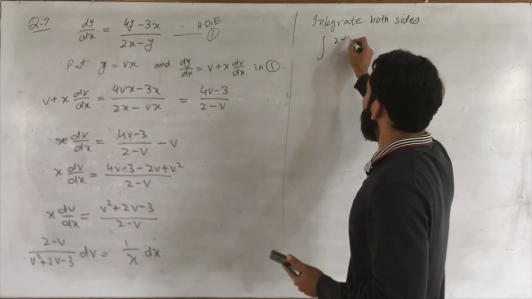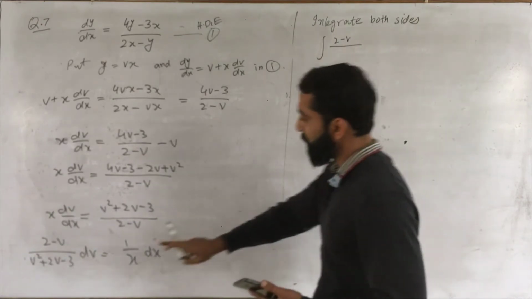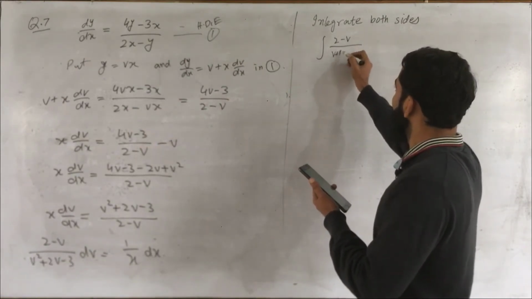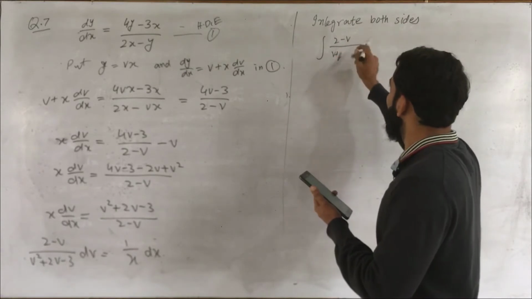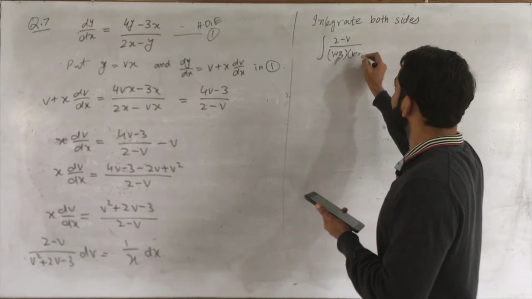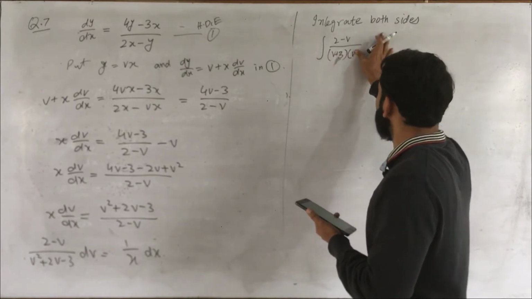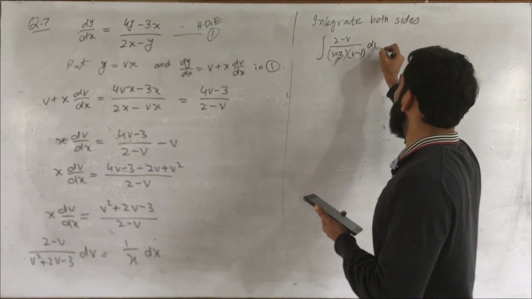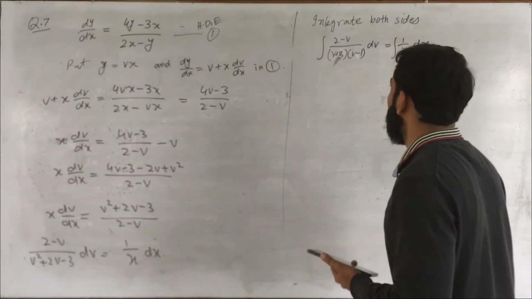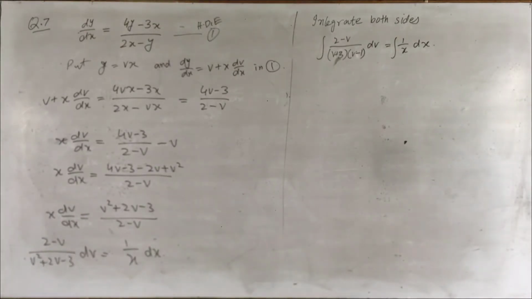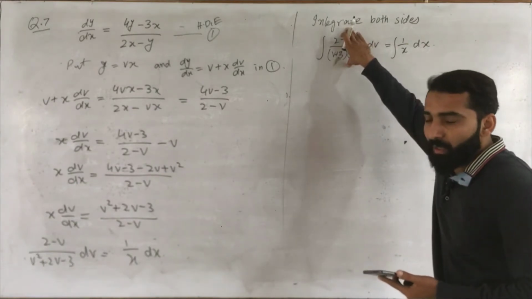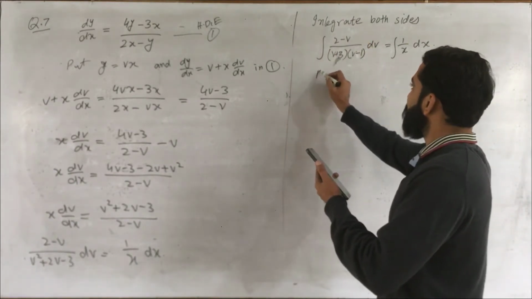After factorizing, the left side can be written as (2 minus v) over (v plus 3)(v minus 1) into dv is equal to 1 over x dx as it is. We will use partial fractions to solve this integral.